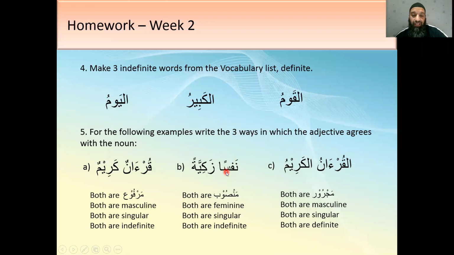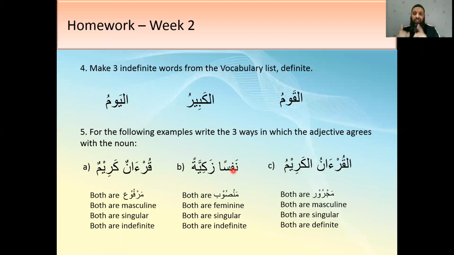Next one, nafsan zakiyatan. So nafsan and zakiyatan, they are both mansoob. Next one, they are both feminine. The way you can tell is zakiyatan, ta marbuta, is there feminine. So it's showing you that the word nafsan is actually feminine, and it's a historical feminine word.